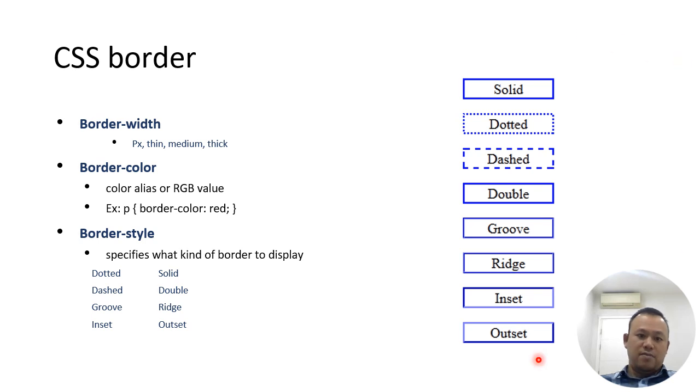For borders, CSS border properties allow you to specify the style, width, and color of an element's border. The border width property specifies the width of the four borders. The width can be set with a specific size in pixels, points, or centimeters, or by using one of three predefined values: thin, medium, and thick.